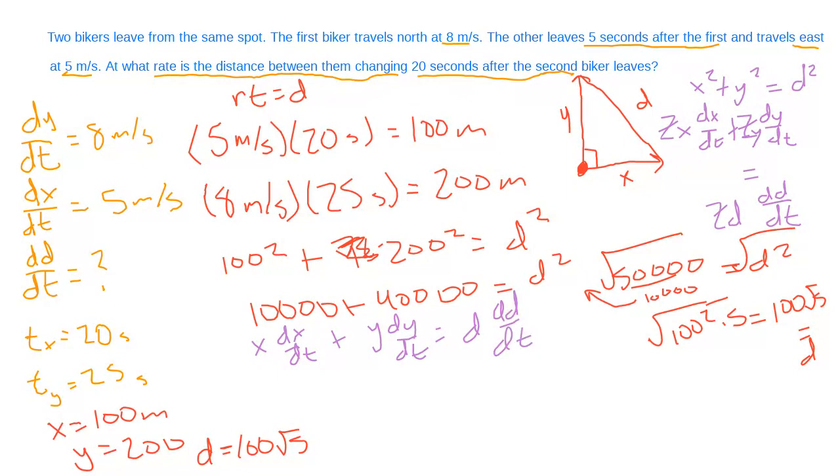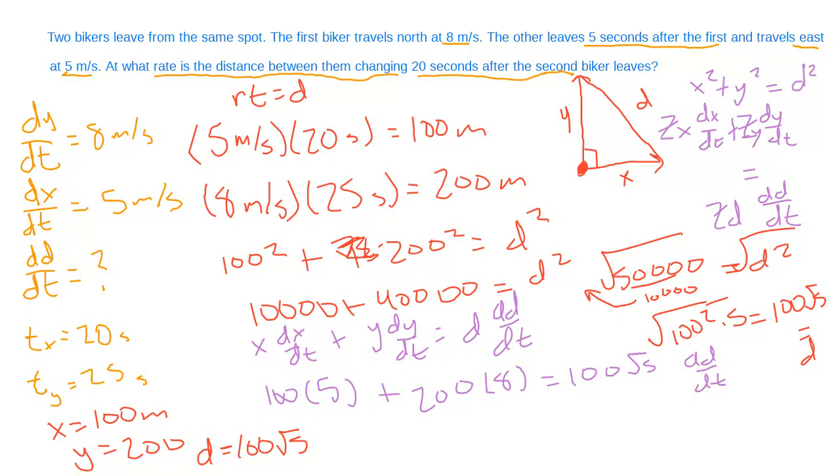Now we can just plug things in. We get 100 times 5 plus 200 times 8 equals 100 square root of 5 dd over dt.